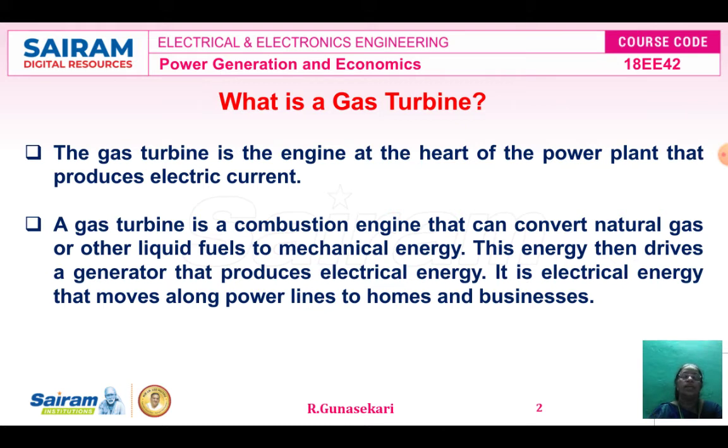This mechanical energy drives the generator because the gas turbine engine is mechanically coupled with the generator. The generator produces electrical energy. It is the electrical energy that moves along the power lines to homes, businesses, industries, etc.